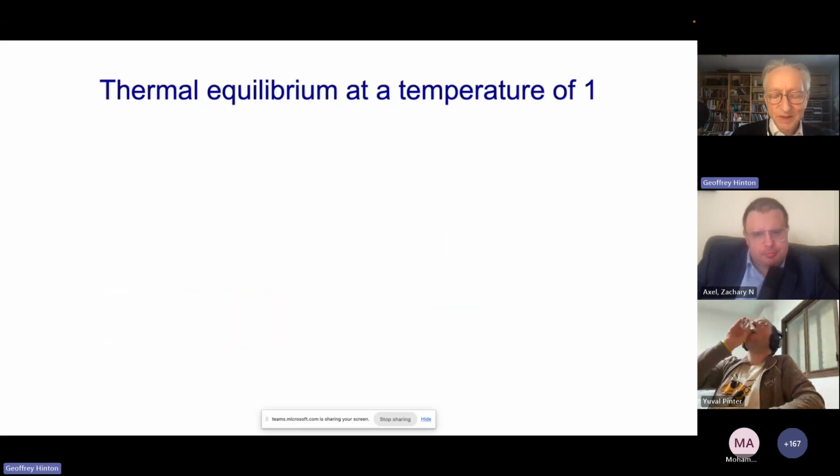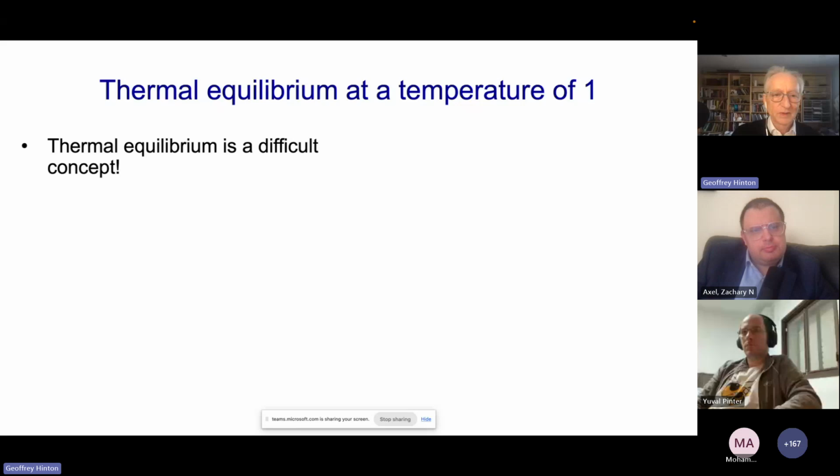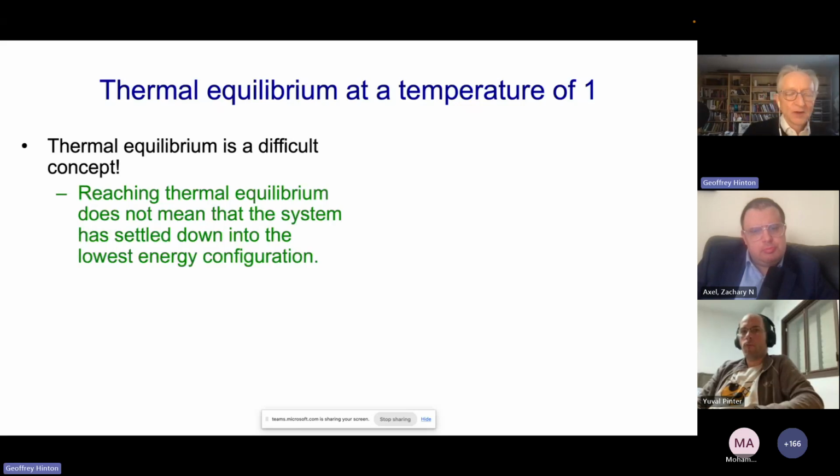So now I have to explain thermal equilibrium at a temperature of 1. If you're not a physicist or a statistician, thermal equilibrium is a difficult concept. What most people initially think it means is that the system settled down and nothing's changing. That's not what thermal equilibrium is. When a system reaches thermal equilibrium, things are still changing.